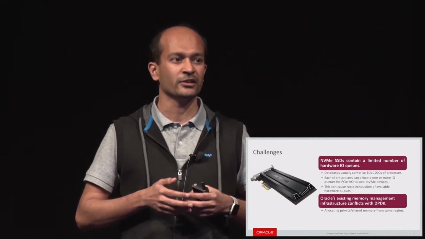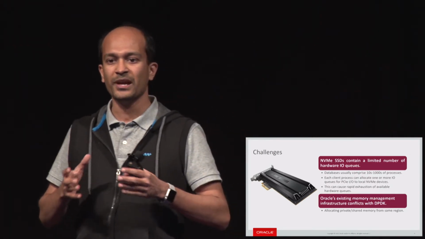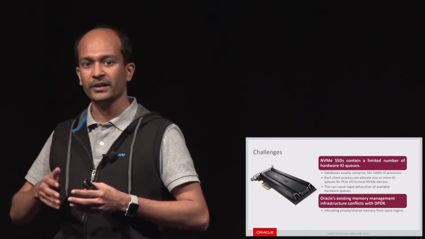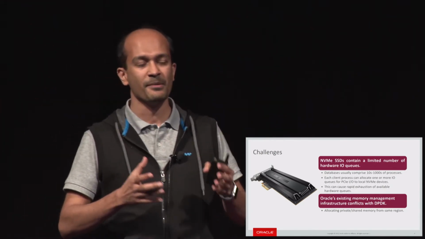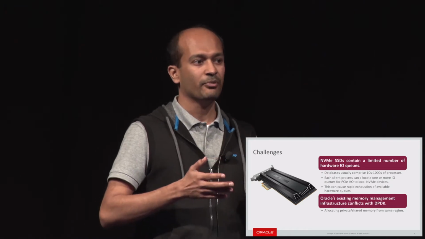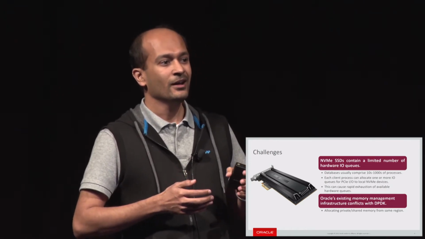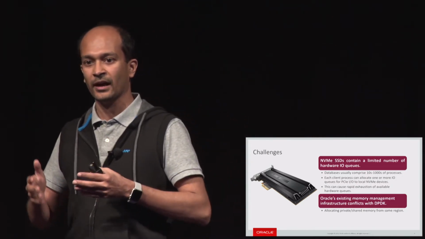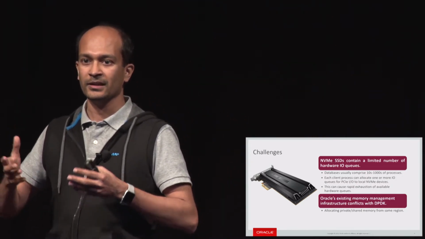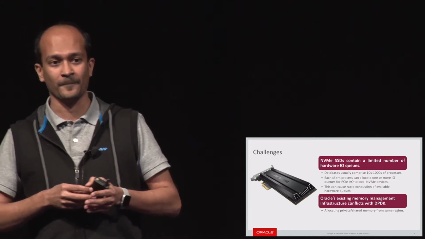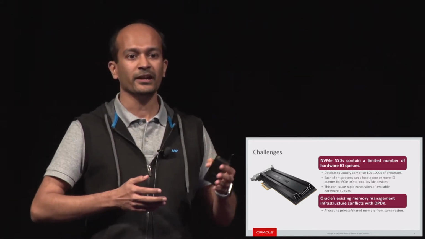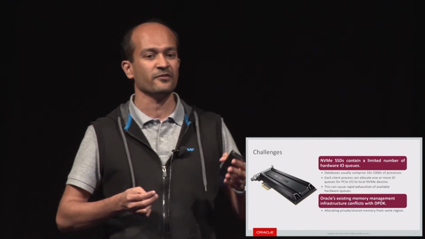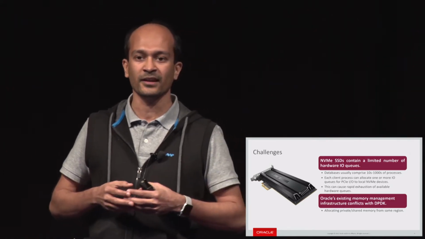The other significant challenge that we had was that we have a very sophisticated existing memory model, and I'll go into more detail on what that memory model looks like. But the key point here is that the memory model conflicts with how DPDK works and its memory model. In the standard default implementation, DPDK is doing a lot of tasks that abstract out some of the hardware specific and the memory specific things.